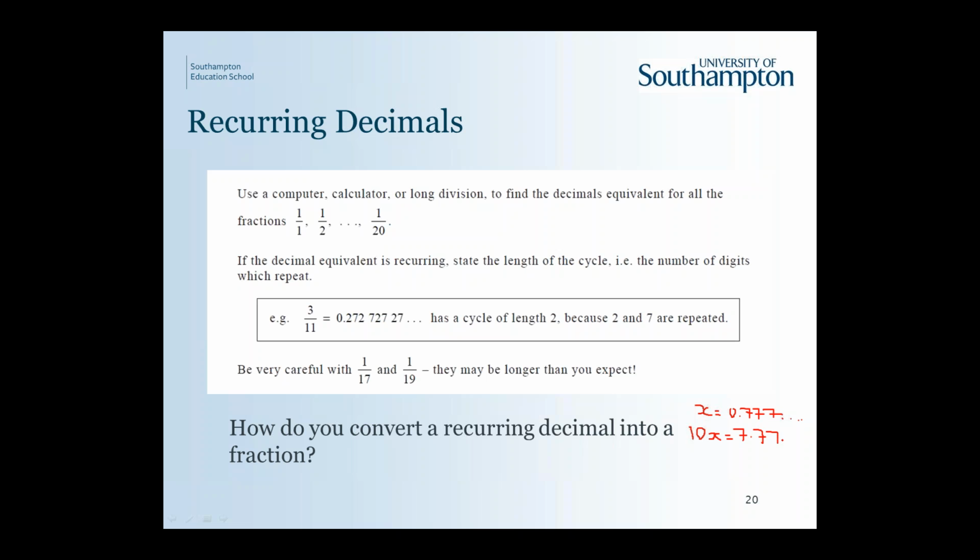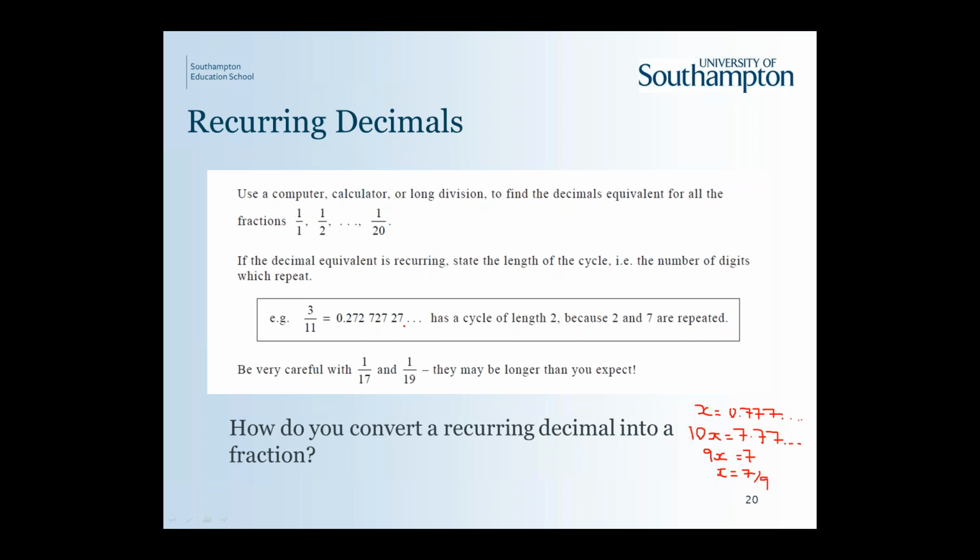And the great thing about that little trick is if I do 10x minus x, I get 9x on this side, and on this side 7.777 minus 0.777. It gets rid of the extra bit, so I'm left with just the 7. When we rearrange that, x must be 7/9. So we know that 0.777 is equivalent to 7/9.